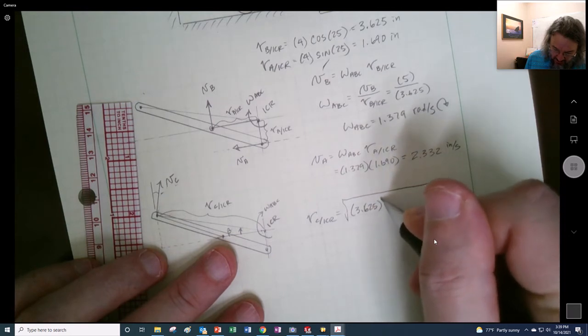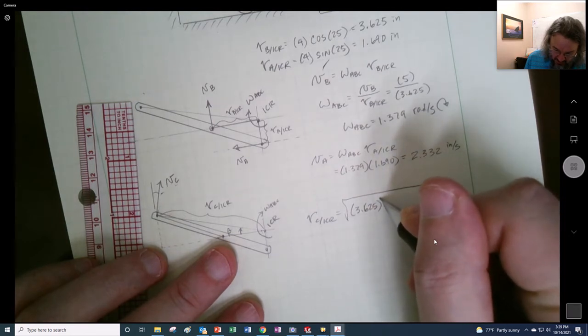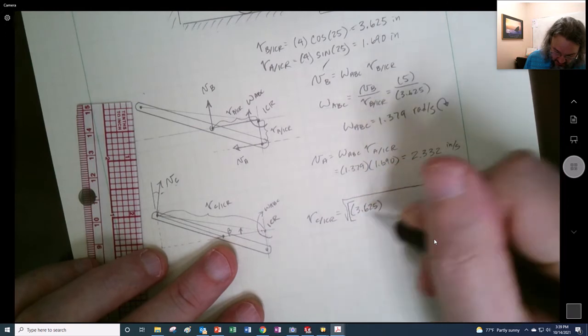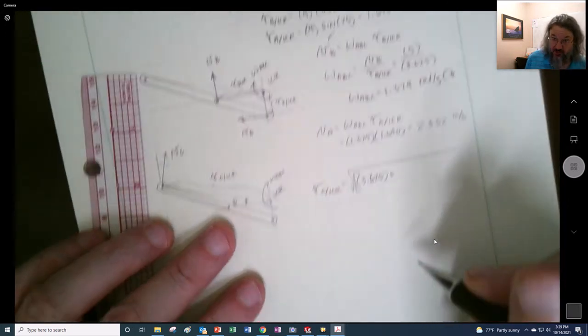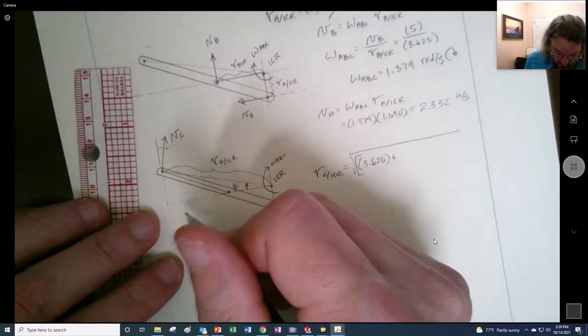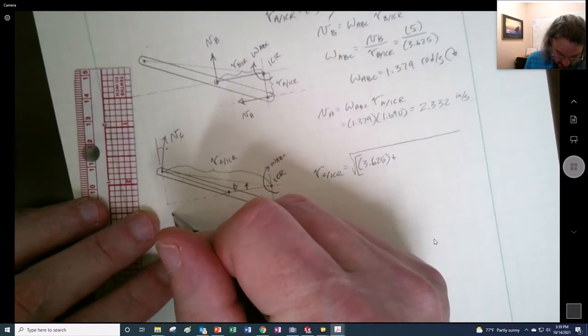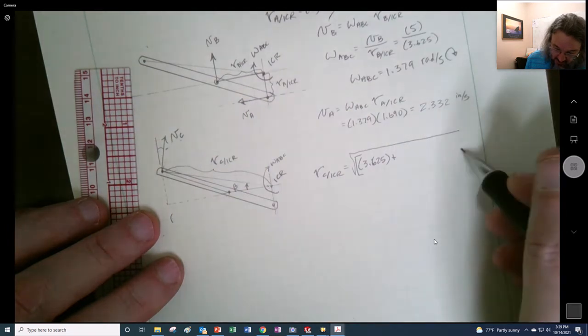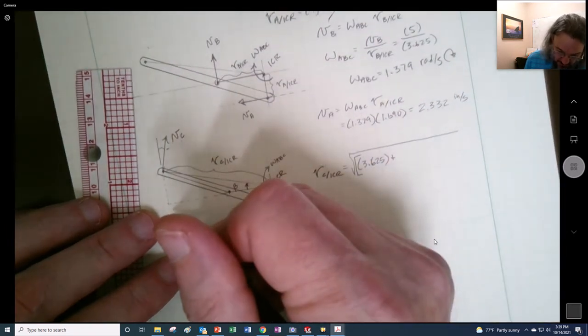3.625. Whoops. But now I need to add to it before I square it. I need to add to it this length right here, which is going to be, I didn't make it long enough here, so I'm going to do this in parts over here.